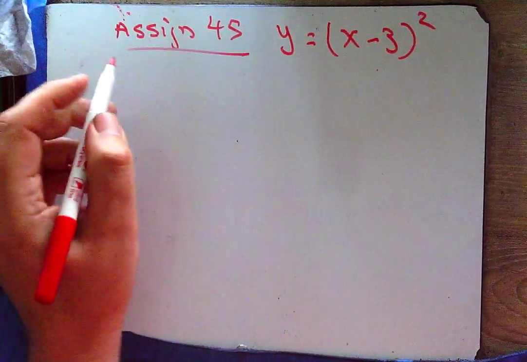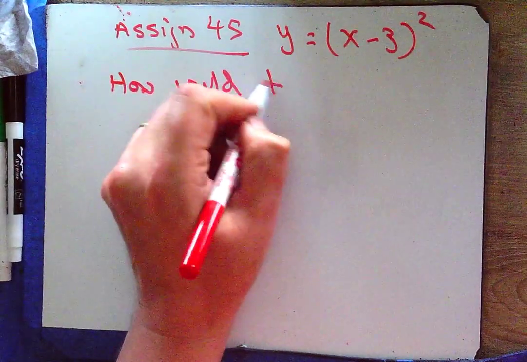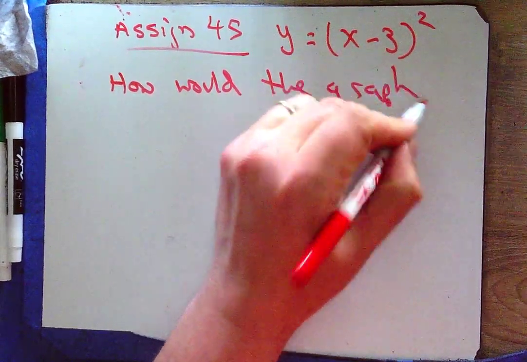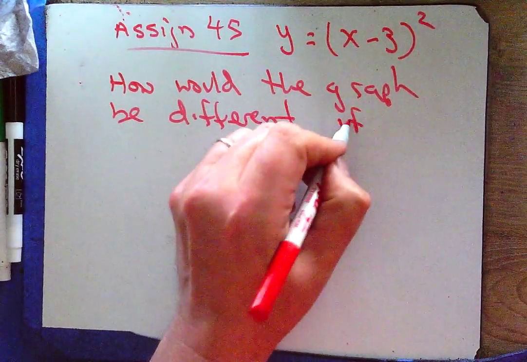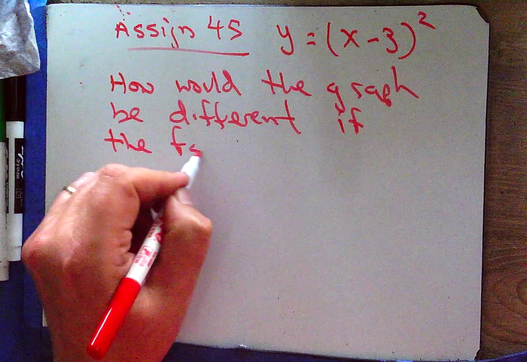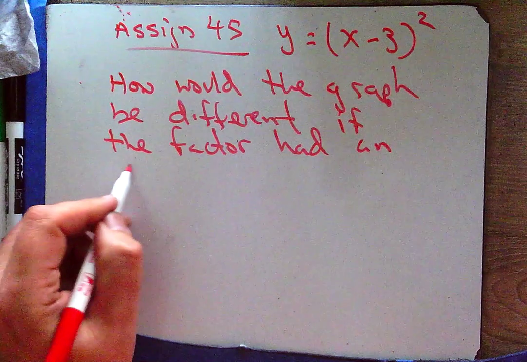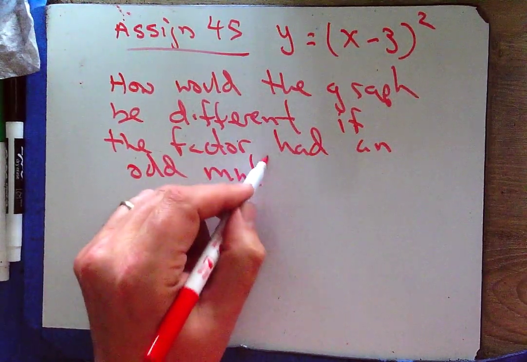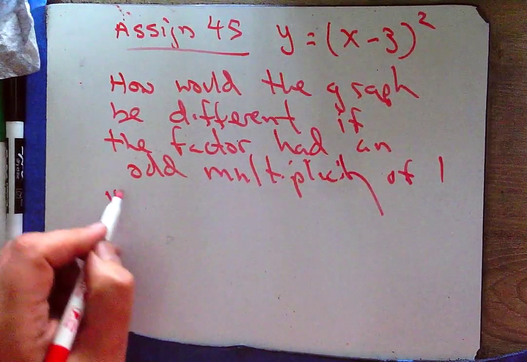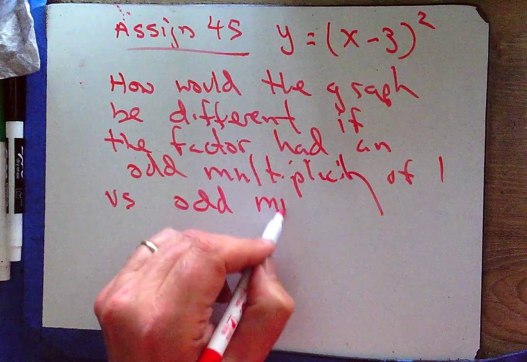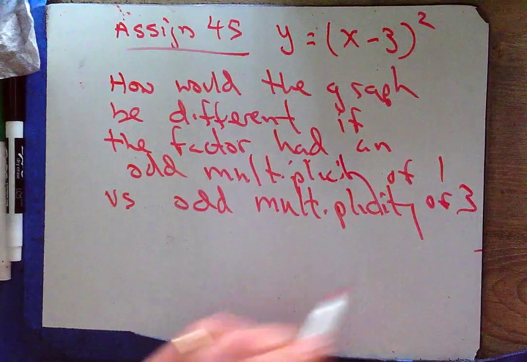2. How would the graph be different if the factor had an odd multiplicity of 1 versus an odd multiplicity of 3?